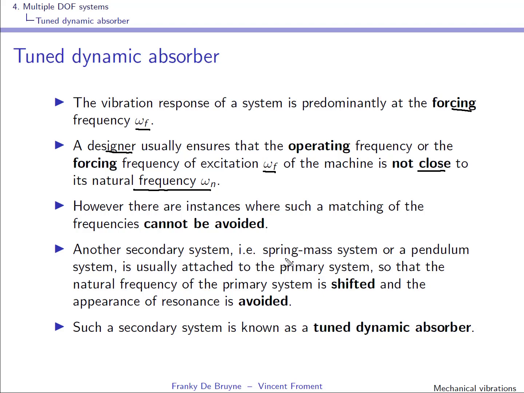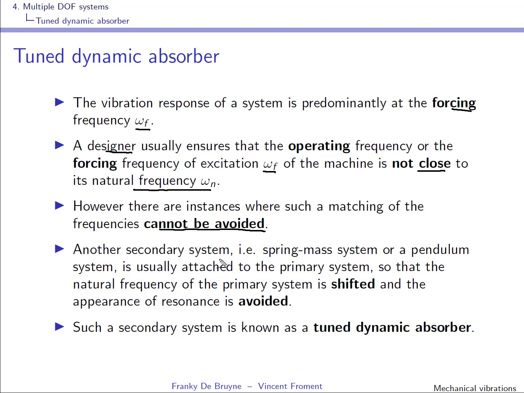If you run the system at a frequency which is close to the natural frequency, well, you can expect damage if the damping is not high enough. Okay, but there are instances where such matching of the frequencies omega f and omega n cannot be avoided, and then you have to do something in order to prevent damage.